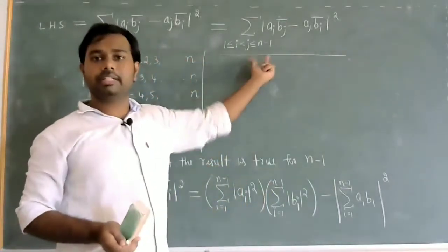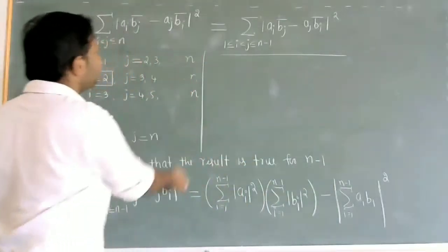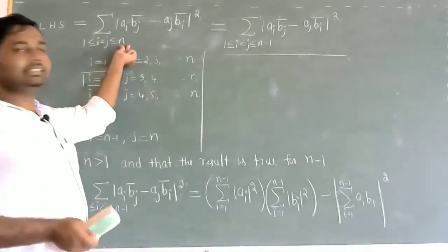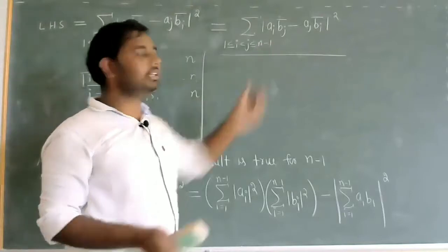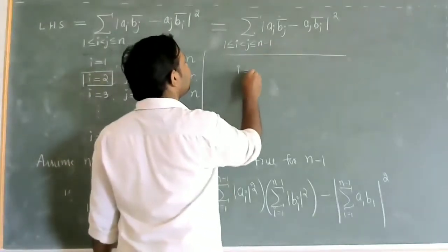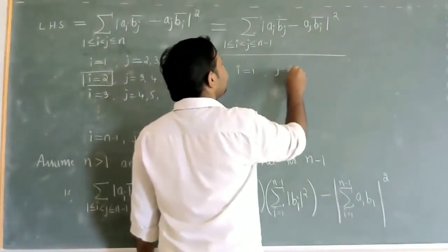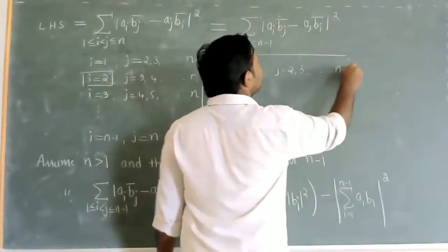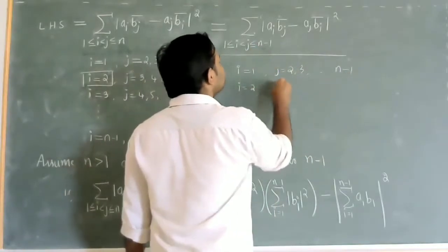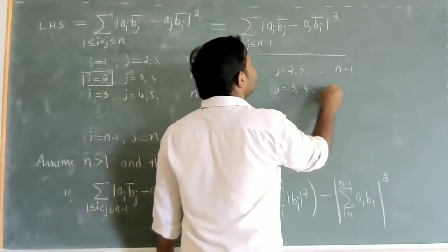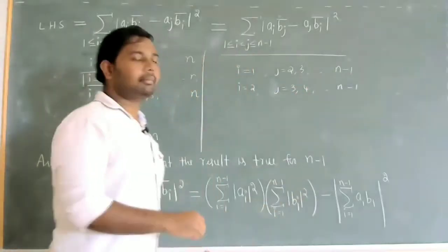Now here, what are the terms I have considered? In the same way, here the maximum value was n, here the maximum value is n minus 1. So for i is equal to 1, j takes the values 2, 3, so on up to the maximum value n minus 1. For i is equal to 2, j is 3, 4, so on up to n minus 1.